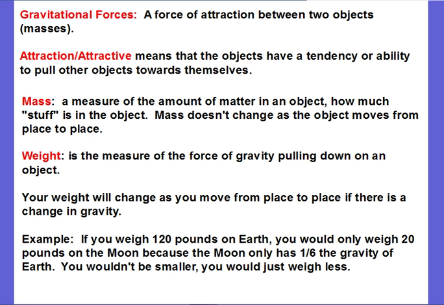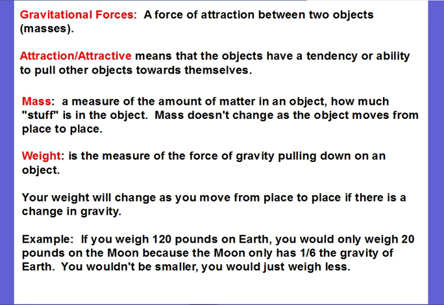On the other hand, weight is a measurement of the force of gravity pulling down on an object. So your weight will change as you move from place to place if there's a change in gravity. On Earth, our mass and our weight are the same because we're using the gravitational force of Earth as a standard unit of measurement.